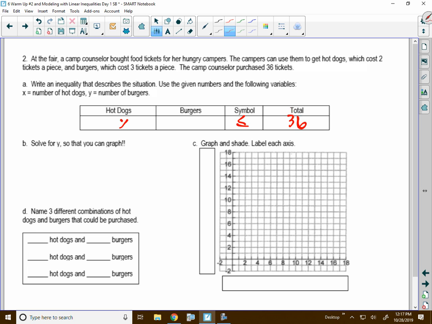Okay, so hot dogs is X. Burgers is Y. They told you that right there. If hot dogs cost 2 tickets, we're going to write that as 2X, plus 3 tickets for each burger, so 3Y. Go ahead and label my axes before I forget.